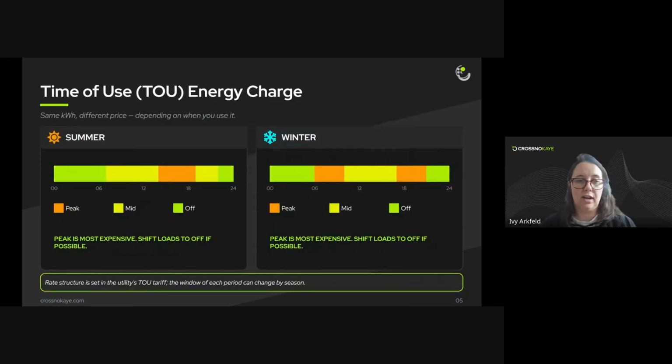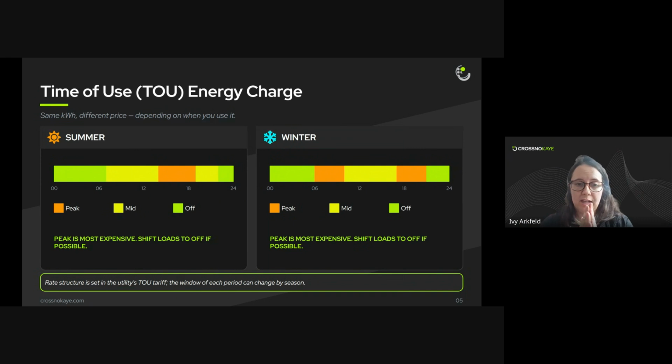All right, so I wanted to set that up so y'all can understand how these rates apply, but that's not really the focus of this. That should be something that you're fairly familiar with. But let's talk about how it works for a time of use energy charge now that we understand how energy charges work and how you get the actual cost applied to you. So for time of use, they're still taking that same kilowatt hour, but they're going to look at it during different segments of time.